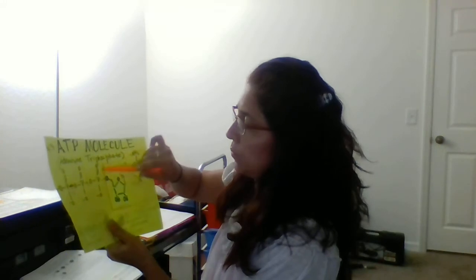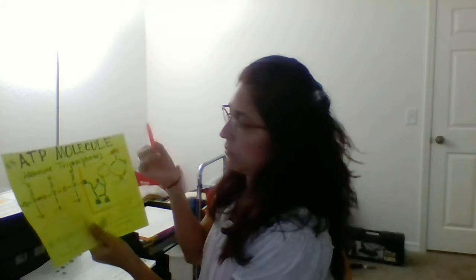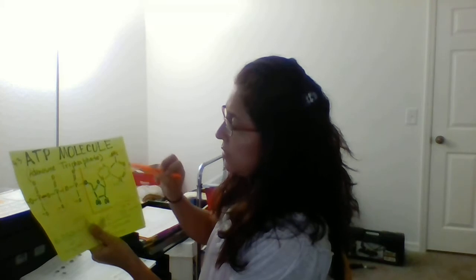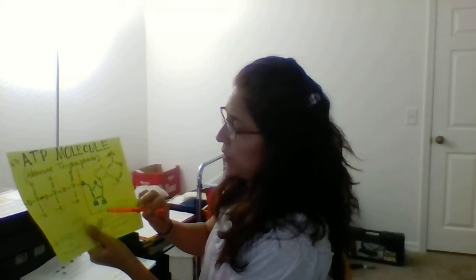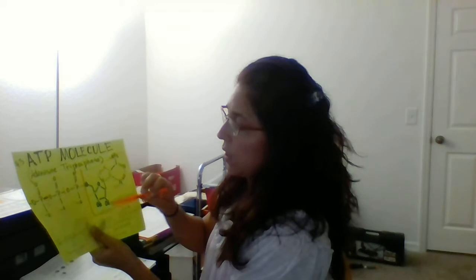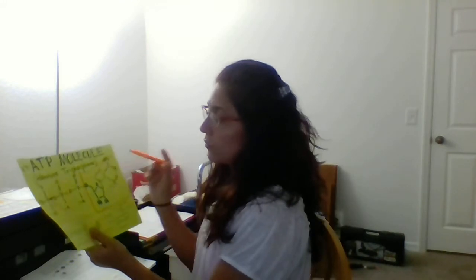In order to understand this molecule and how it functions, I will break it down into pieces. We're going to break it down into two parts so we can understand. This part right here is the adenine, and then the ribose right here. This is the adenosine part.